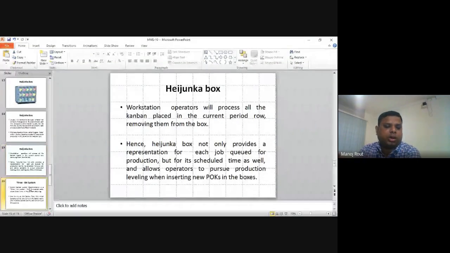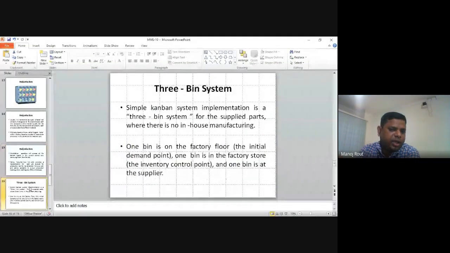Moving to the next one, the next topic is your three bin Kanban system. It is a very simple system implemented in 3-bin systems for supply parts where there is no in-house manufacturing. So basically, this 3-bin system contains 3 types of Kanban card. One bin is for the factory floor, that is the initial demand point.